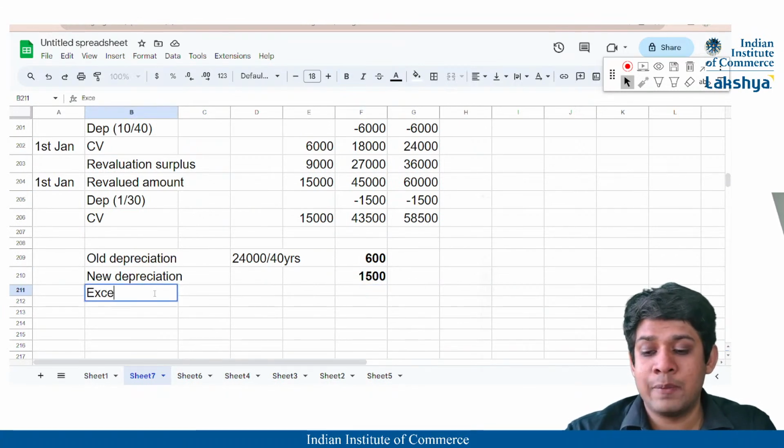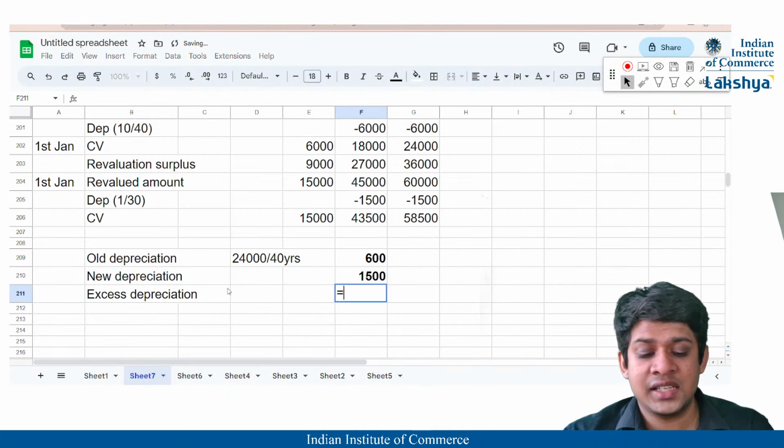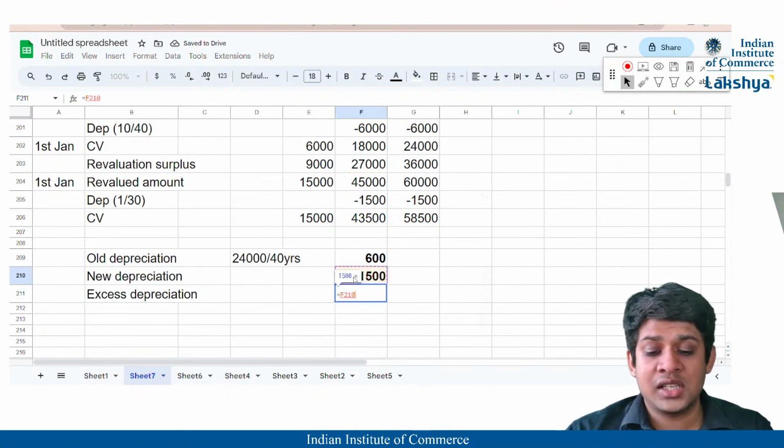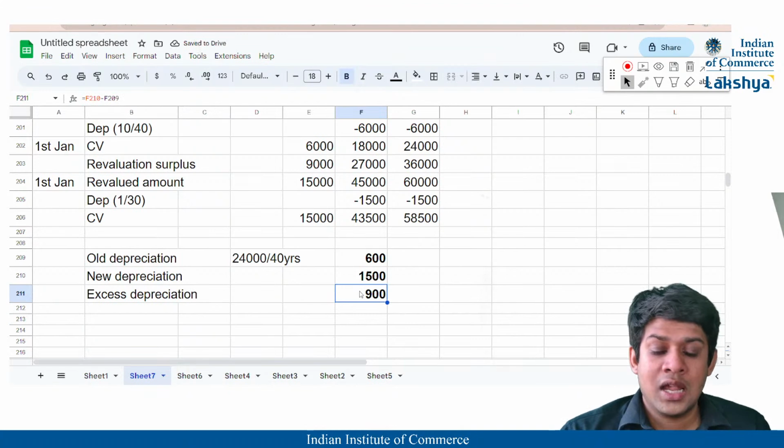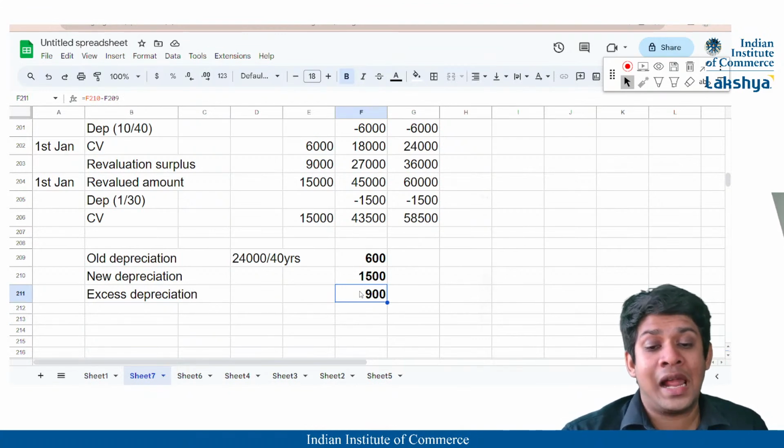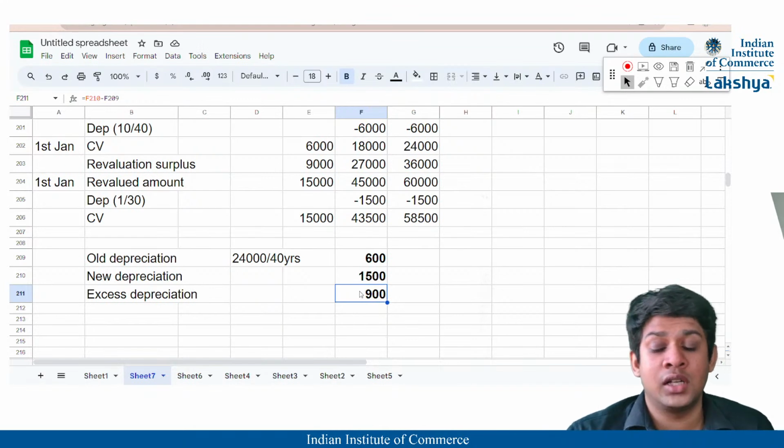So technically, I revalued my asset and is the reason why my depreciation amount increased. So there is certain excess depreciation. Right? And what is the excess depreciation? It was charged 600 and now it is being charged 1500. So 1500 minus 600, 900 is my excess depreciation. This excess depreciation is solely because I revalued my asset and my asset value got increased after the revaluation. Correct? So where is my revaluation surplus stored?